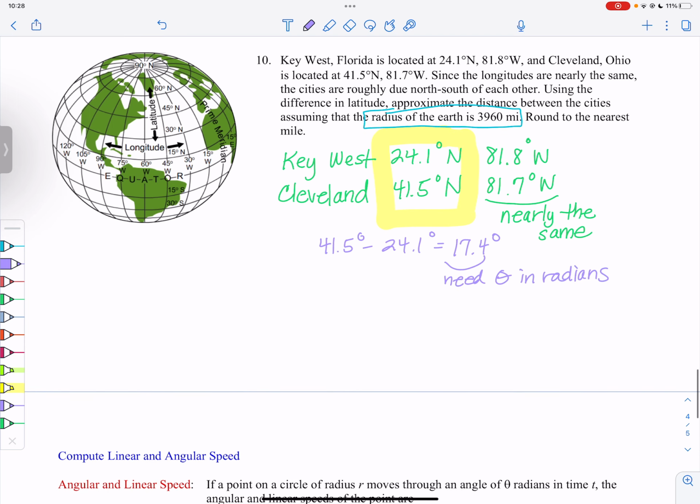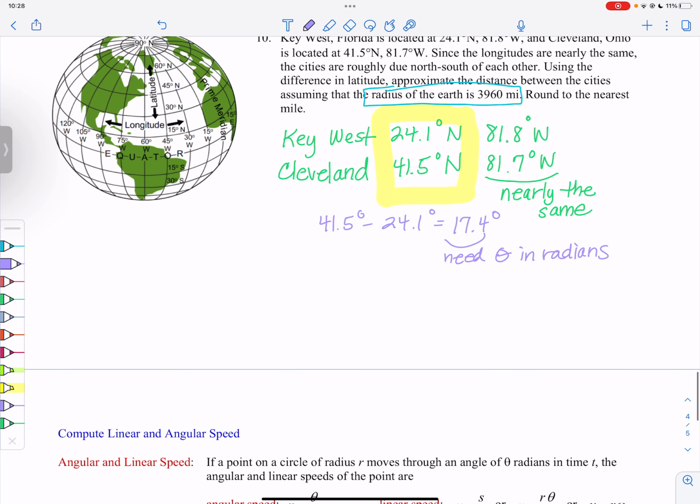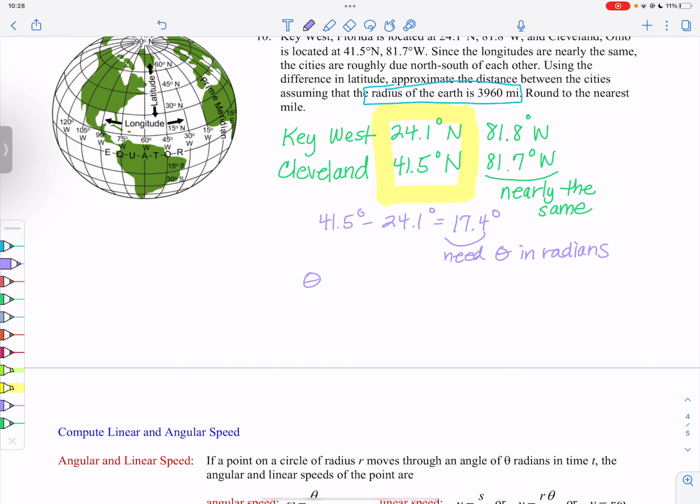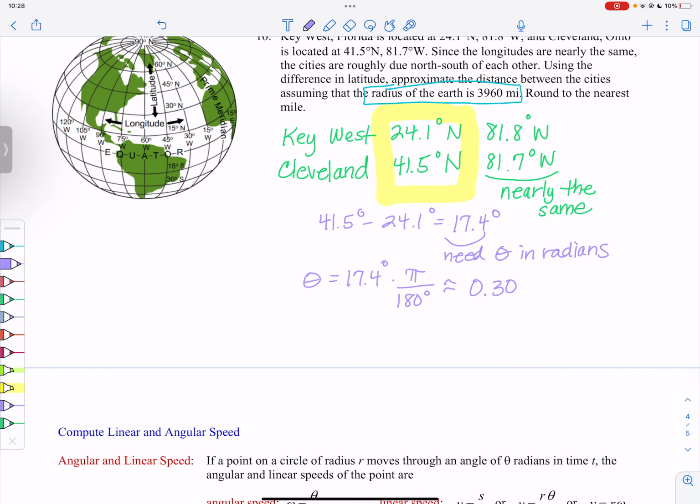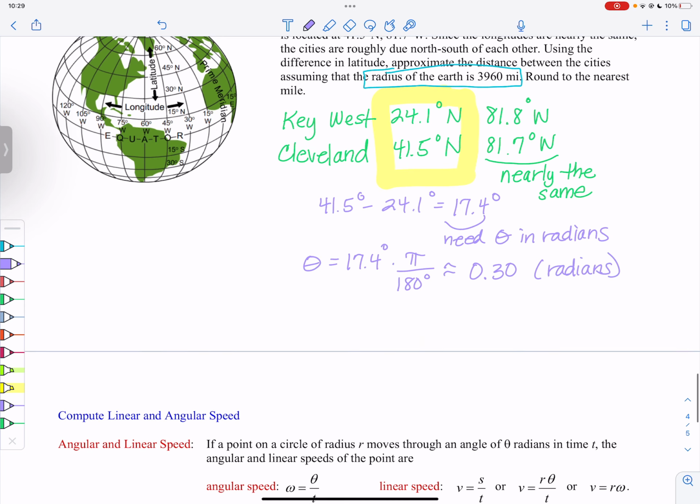Okay, so we have theta equal to 17.4 degrees, and you guessed it, we're going to have pi divided by 180 degrees. Again, those degrees will cancel, and if you put that in your calculator, you'll have 0.3, and that's radians. We won't write those units, but I will put that in parentheses.